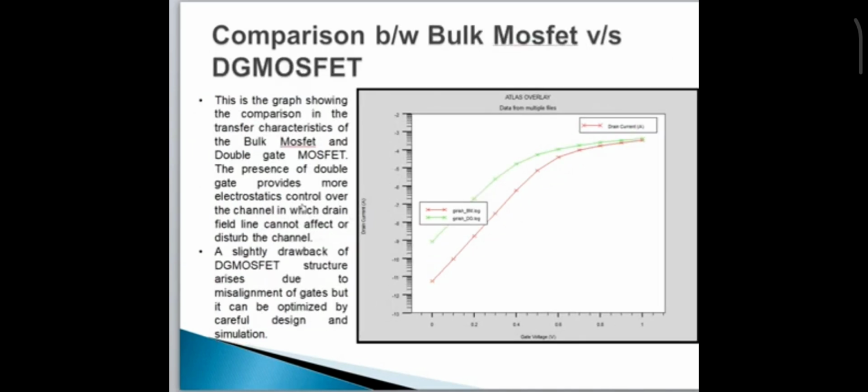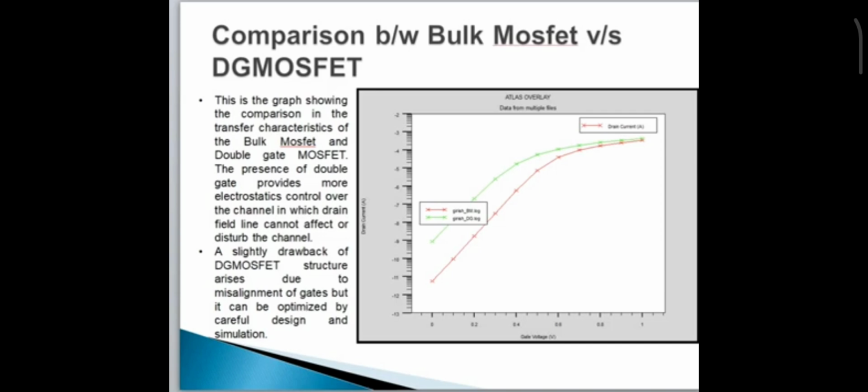This is the graph showing the comparison in the transfer characteristic curve of the bulk MOSFET versus double gate MOSFET. The presence of a double gate provides more electrostatic control over the channel, in which the drain field lines cannot affect or disturb the channel. One more thing, the double gate MOSFET also reduces short channel effects, so the leakage current of the double gate MOSFET is less as compared to bulk MOSFET.